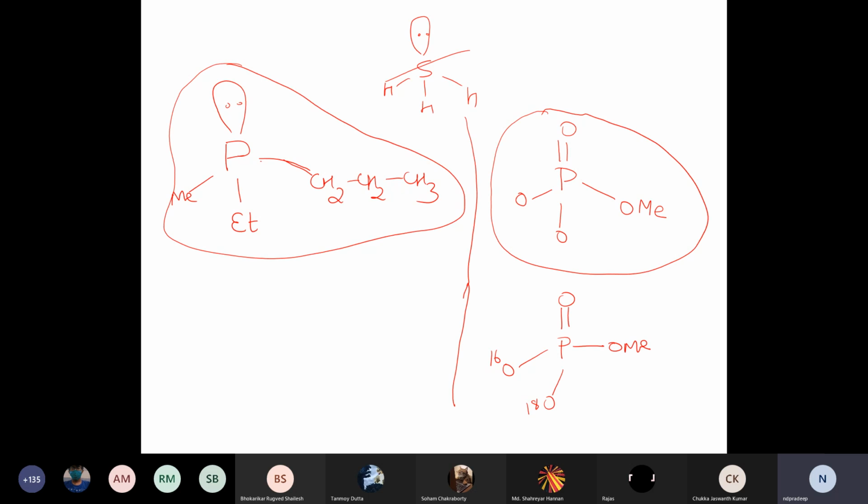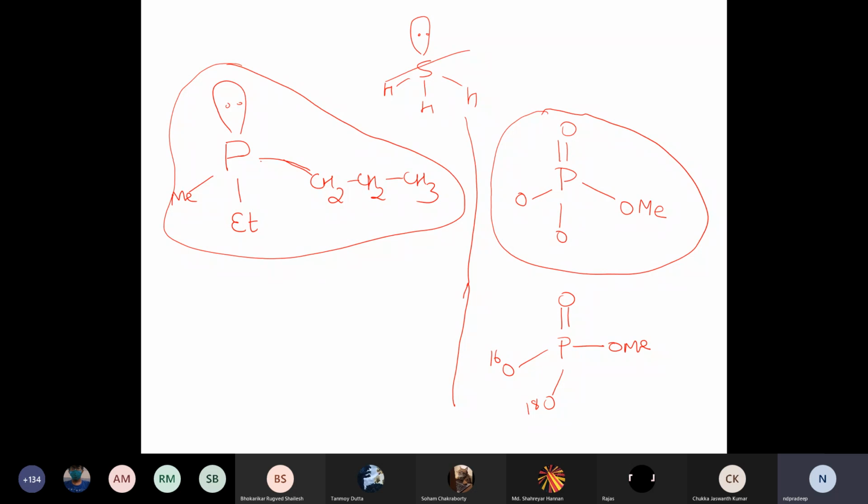Are you happy? So what we have seen: we defined chirality origin as a carbon having 4 different groups, but now our definition is completely changed.